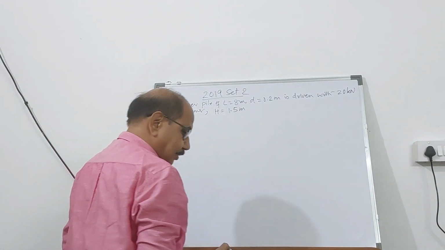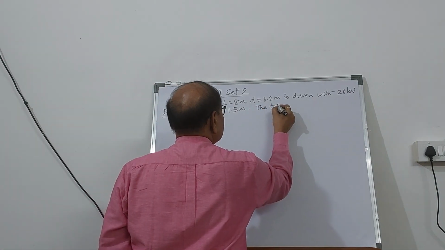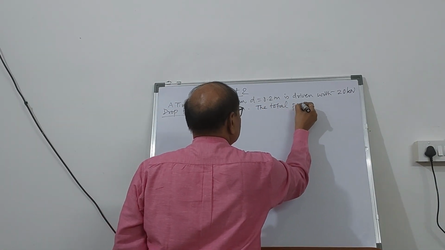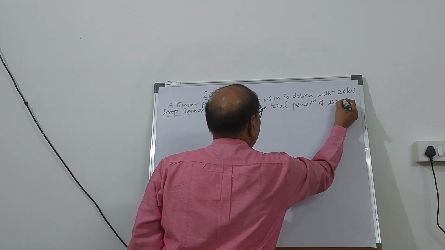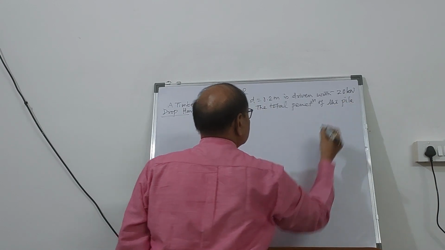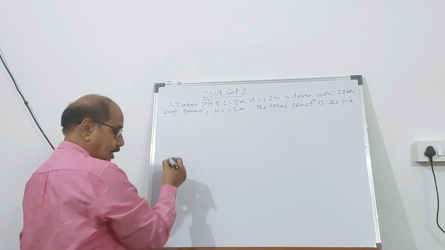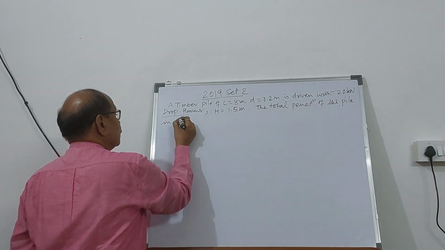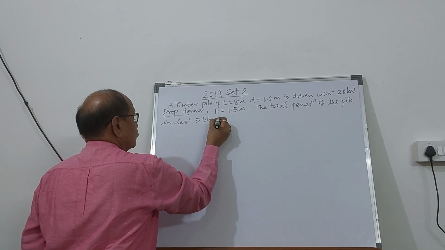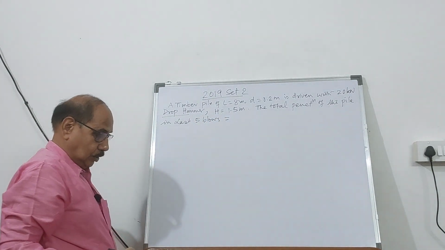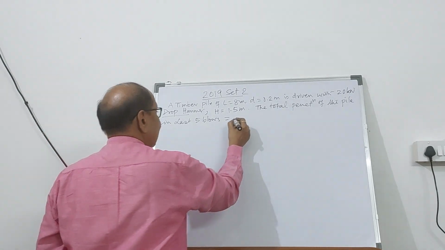The total penetration of the pile in the last 5 blows is given to you as 40 mm.